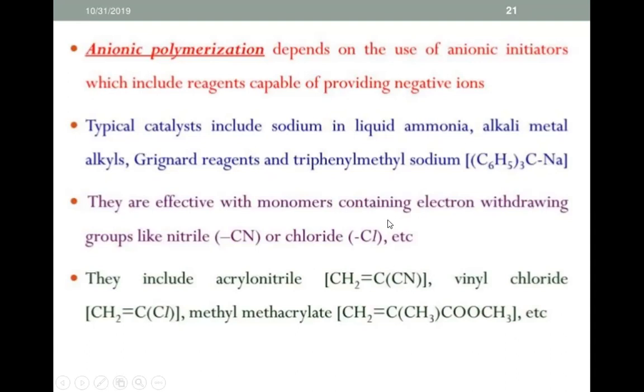Here in the anionic polymerization, they are effective with monomers containing electron withdrawing groups like nitrile or chlorides. They include acrylonitrile, vinyl chloride, methacrylates, etc. So these are the examples of the anionic polymerization.